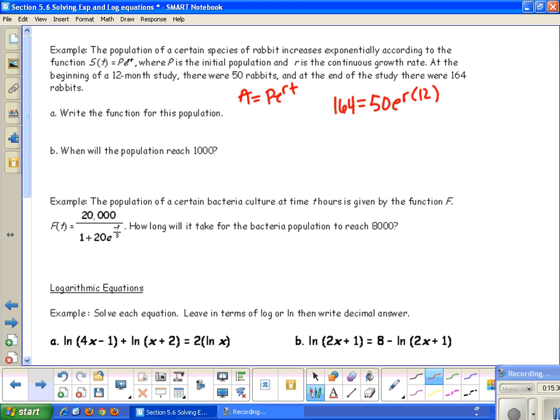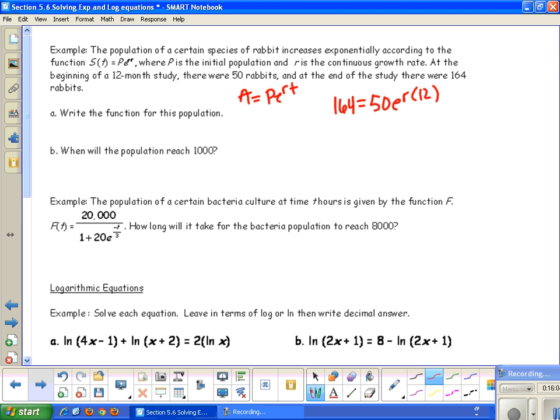So I need to solve this equation for R. And for this equation, because it's talking about a 12-month study, normally we put time in years. You can do that here, which will be easy to do, which we'll talk about later with our answer. But for right now, since it's the months, we can leave our time in months.